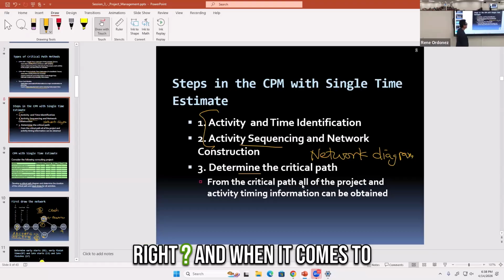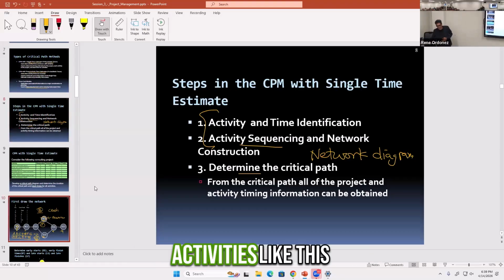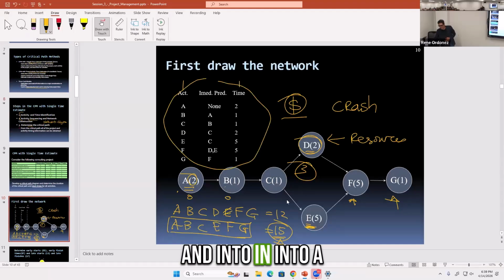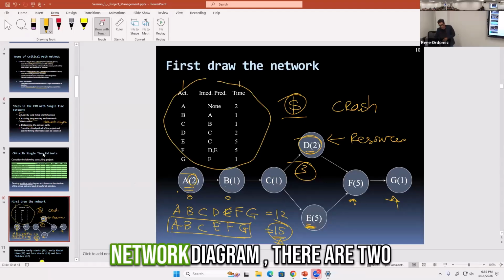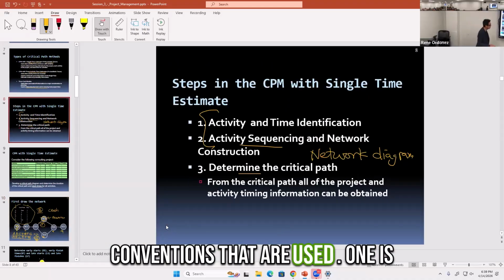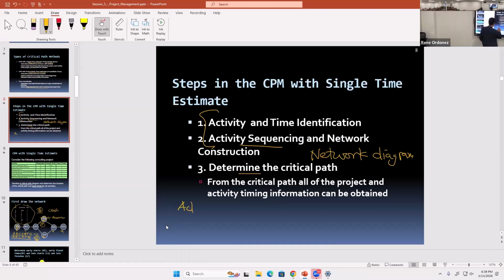Okay. And when it comes to converting activities like this into a network diagram, there are 2 conventions that are used. One is known as activity on arrow, or AOA.